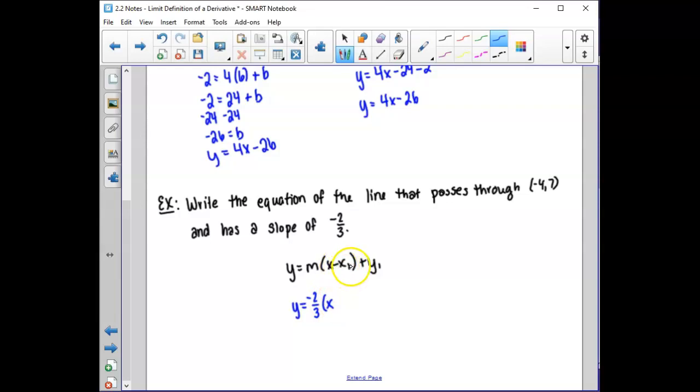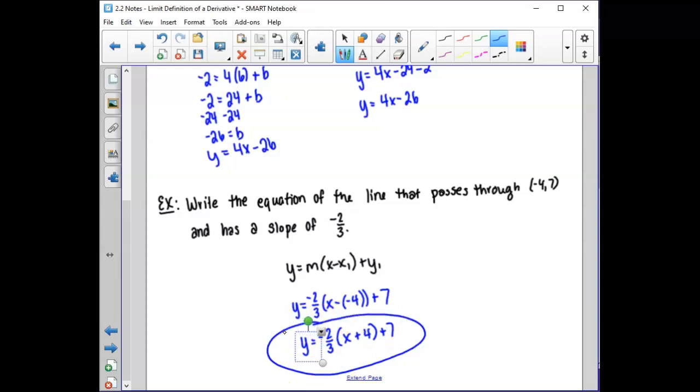I'm going to have minus a negative 4. I guess I'll write it just to make sure everybody's clear on that. I want to shortcut it and not write that. And then y1 is 7, so plus 7. And so this, of course, would just be y equals -2/3 times (x plus 4) plus 7. And I could leave my answer like this if I'm going to give the equation of a line.